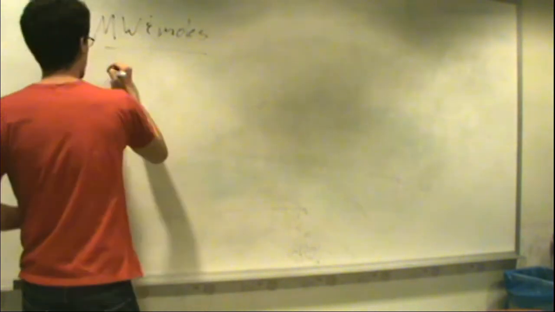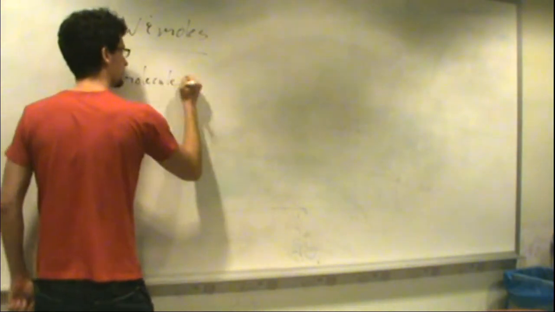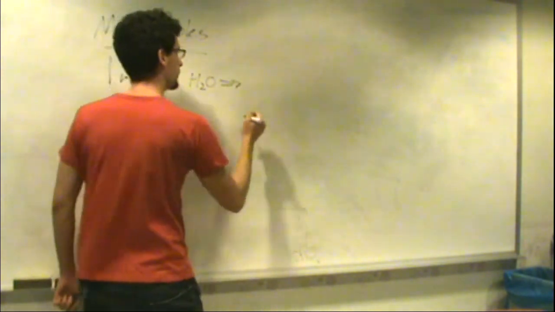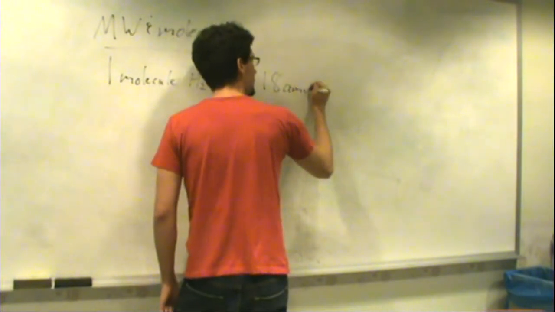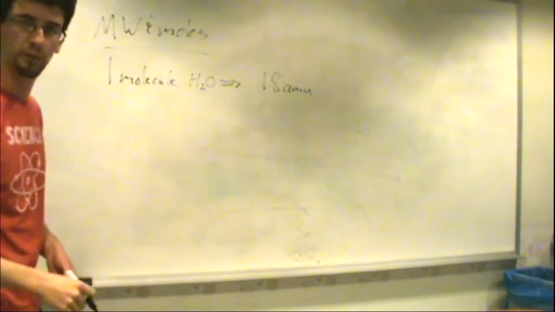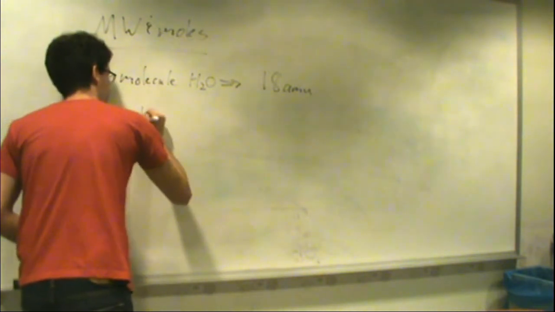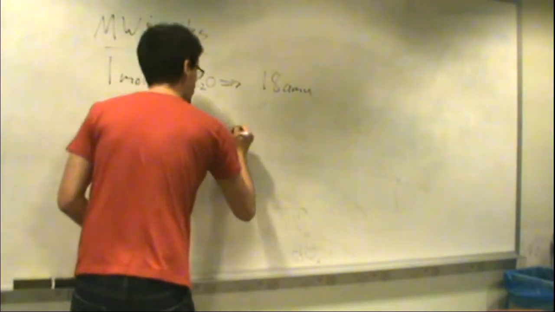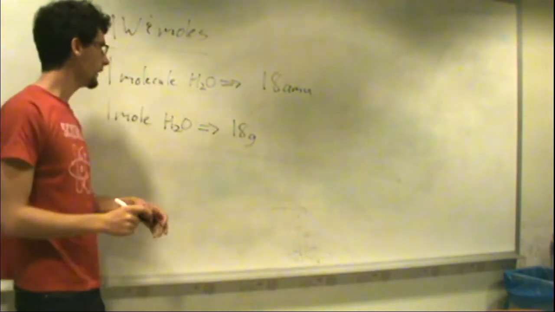Well, if we have 1 molecule of H2O, that's equivalent to having 18 AMU, correct? Well, if we look at 1 mole of water, that ends up being 18 grams.